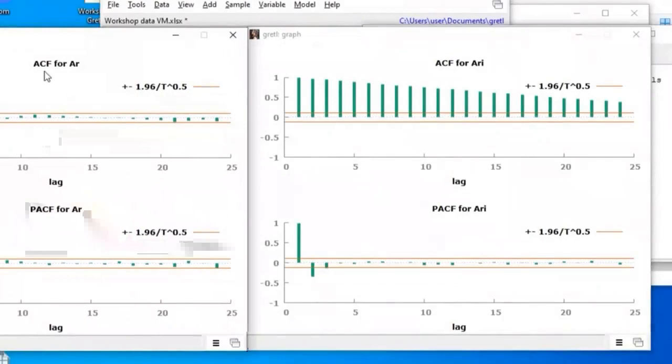Yes, but sir, the correlogram will identify a white noise. Unit root test will not identify a white noise. Got it? Therefore, we need to use both of them actually. Yes, that is why sometimes we will have to use both.